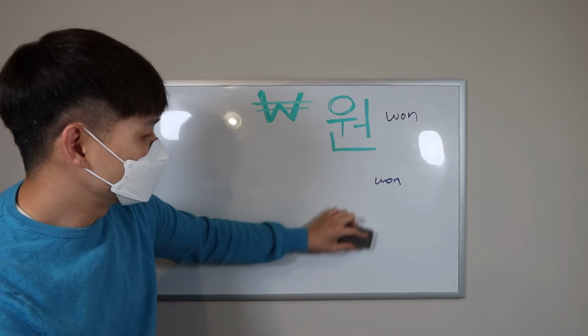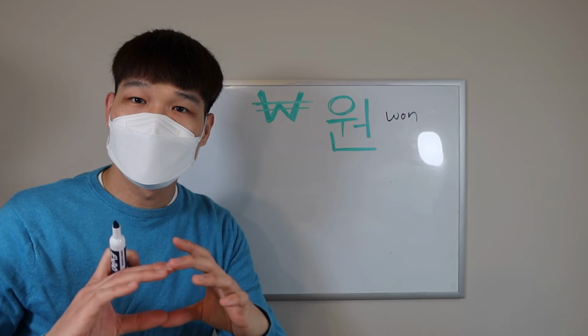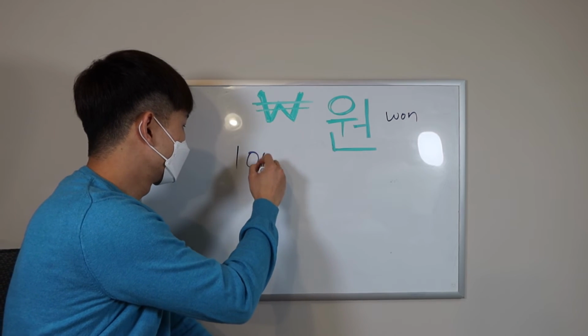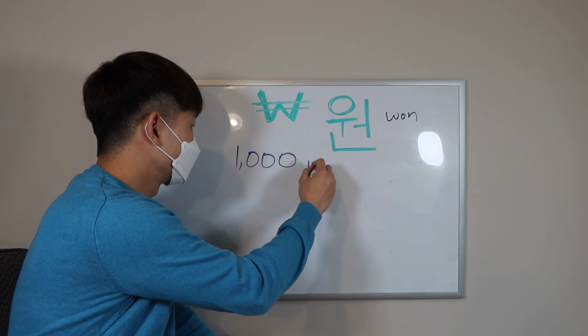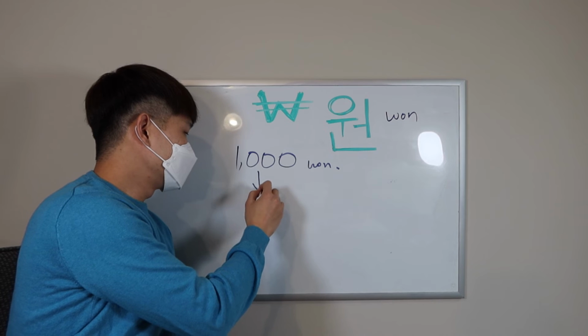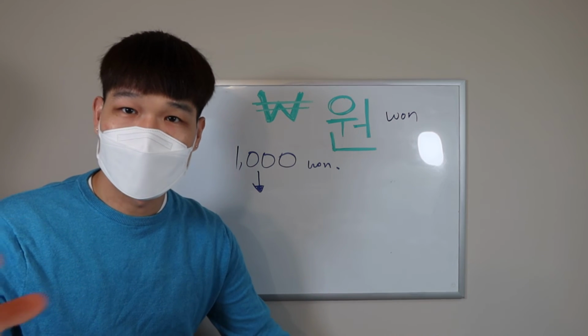Now, if you go into the coins, we have 1,000 won, which is basically a dollar. From 1,000 won, the value decreases with the types of coins that are available.